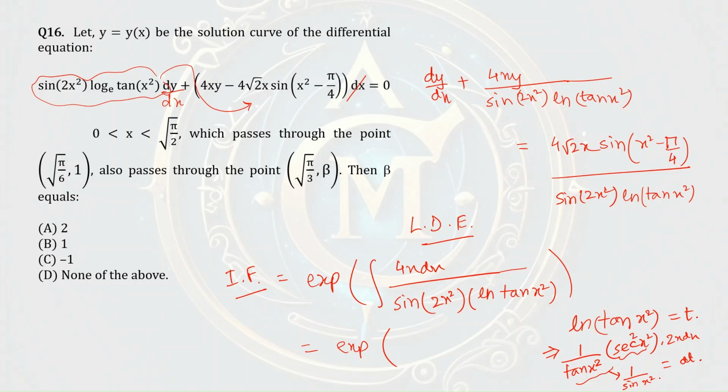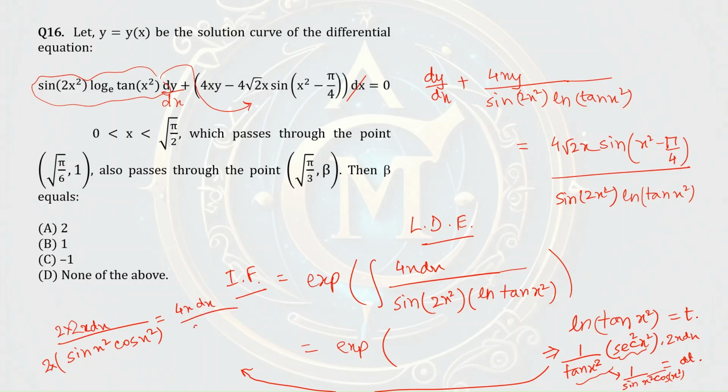This will be cos square, so there will be a cos of x square extra here. That means this becomes (2x) dx divided by sine of x square cos of x square. Now if we multiply 2 in the numerator and denominator, then this becomes 4x dx divided by sine of 2x square. So this is exactly same as this expression.